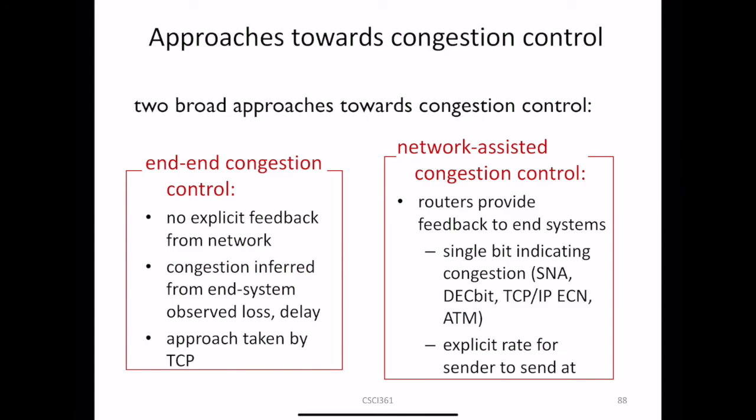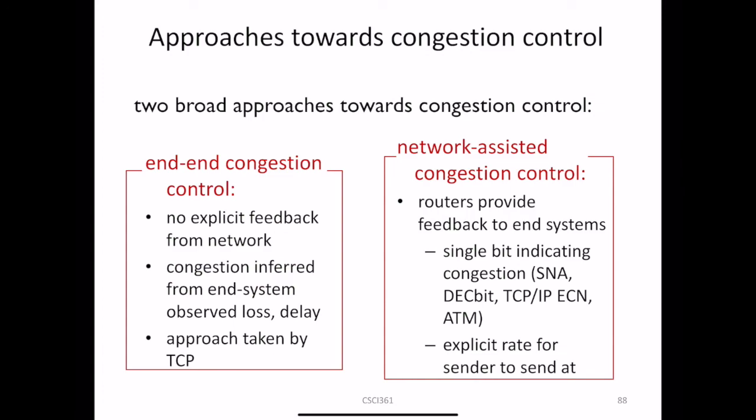And then let's see, we have already detected the congestion problem. So how can we address this congestion on the internet, or what approaches can we use for congestion control? Generally, we have two solutions. One is called end-to-end congestion control.